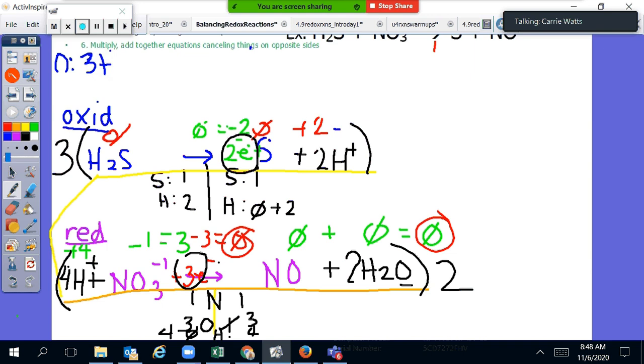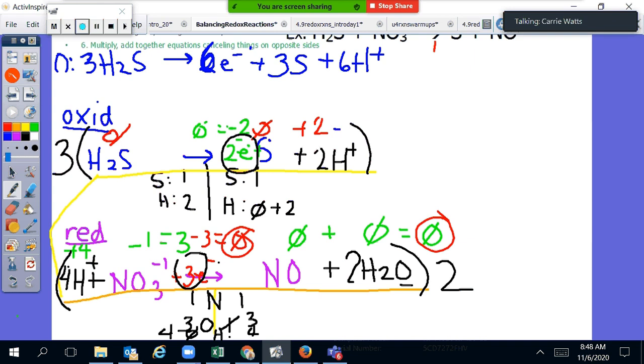We now have 3 H2S yield 6 electrons plus 3 sulfur plus 6 hydrogen. Okay, all we did was multiply 3 across the board.